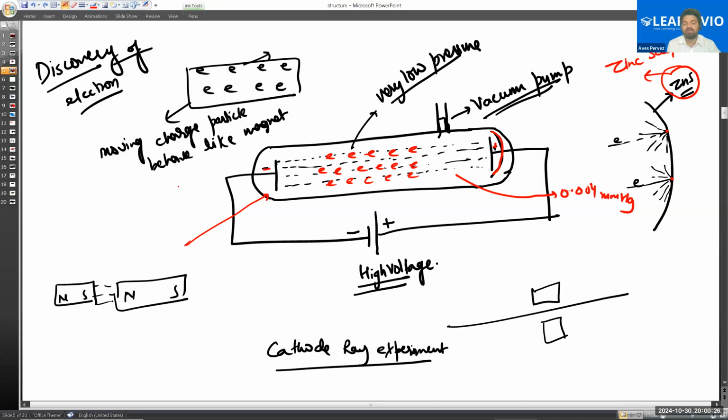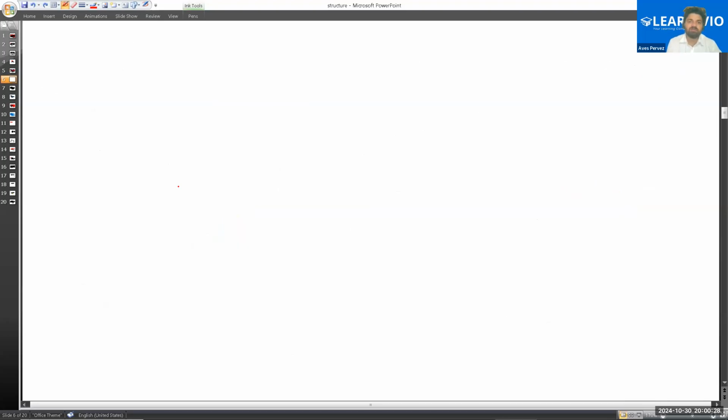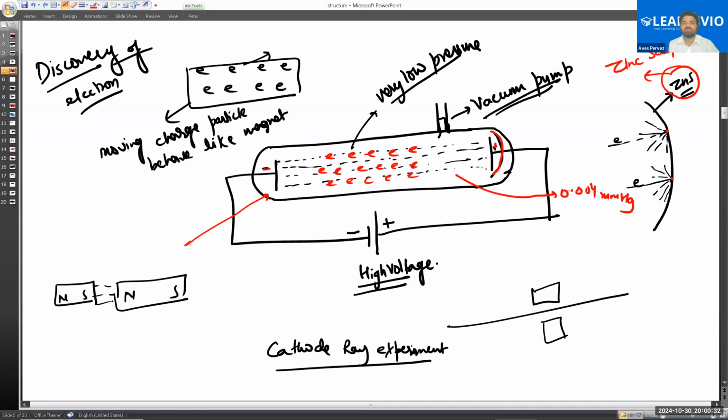Okay. So in a simple manner, if I'm asking what are the experiments of cathode rays, draw this cathode ray experiment, a rough diagram of this one, please, fast. Draw it fast.